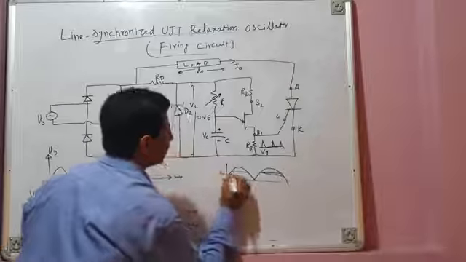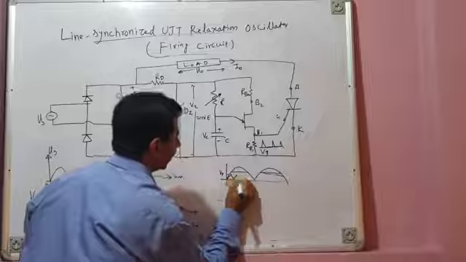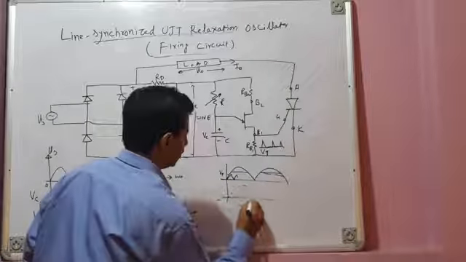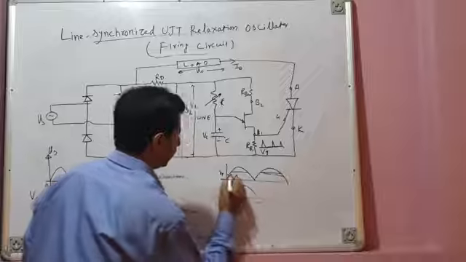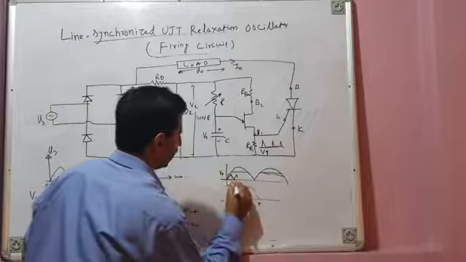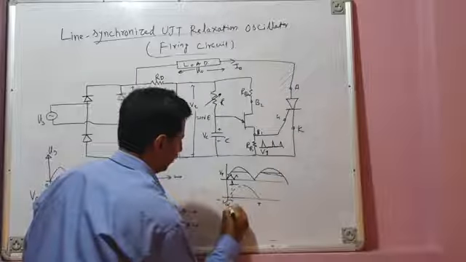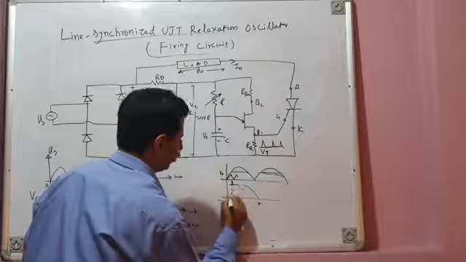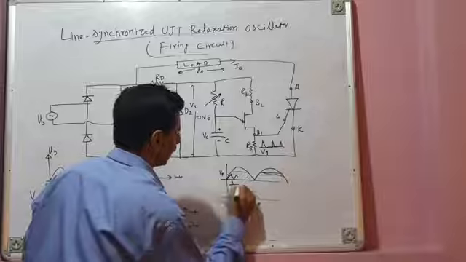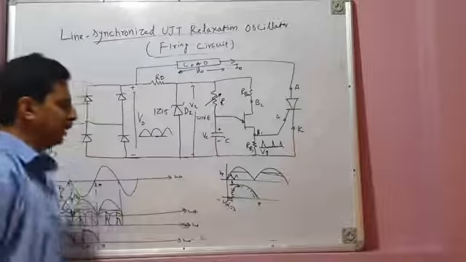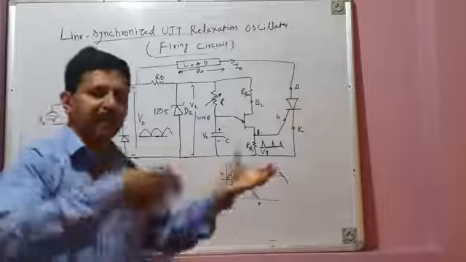So this reaches peak point voltage very quickly. So therefore, what happens? Your load voltage is 0 to pi. So you get firing pulse very quickly here after a delay of just a few degrees. This may be alpha equal to 20 degrees. So from 0 to alpha, load voltage is 0, and then the remaining segment of positive half cycle of source voltage appears across the load. So you get more voltage segment across the load.